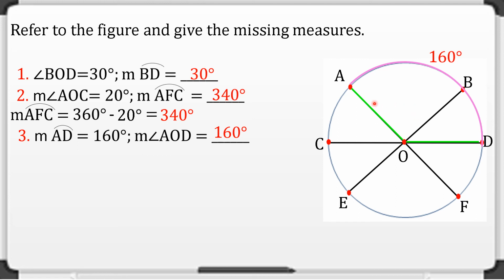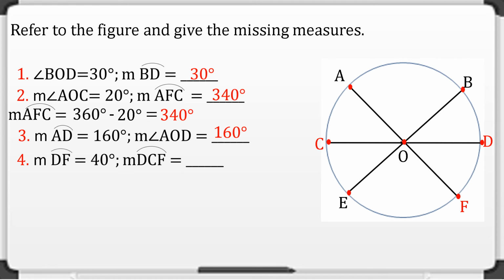Remember, this arc AD is a minor arc. So, if the measure of this minor arc is 160, the central angle, opposite o katapat ng arc na yon ay pareho din ang sukat. So, if this is 160 degrees, therefore, this angle is also 160 degrees.